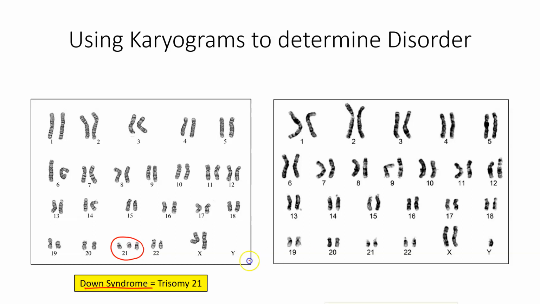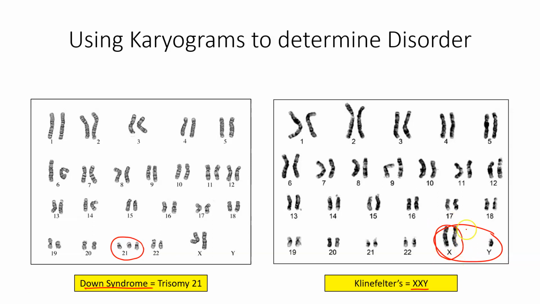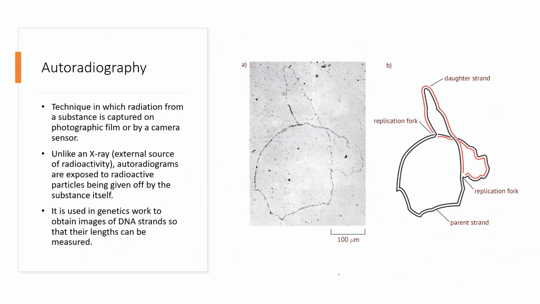And the karyogram on the right is Klinefelter's, which is an XXY. Two things right off the bat that you notice. Klinefelter syndrome looks like a male and a female: there's a pair of homologous X chromosomes and a Y. That would be a trisomy in the 23rd pair. And then you have a 21st trisomy, which would be Down syndrome.